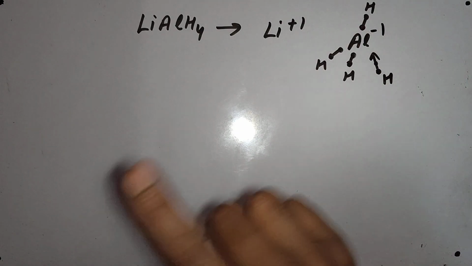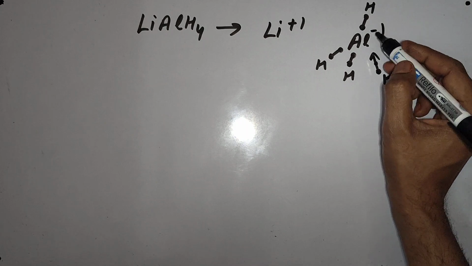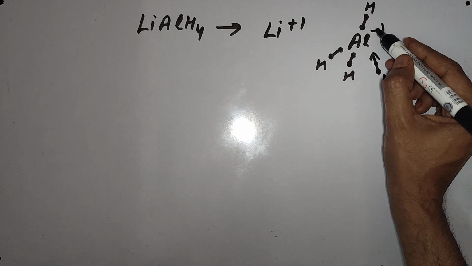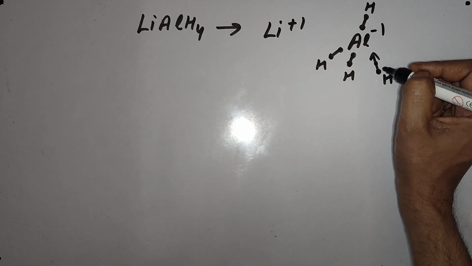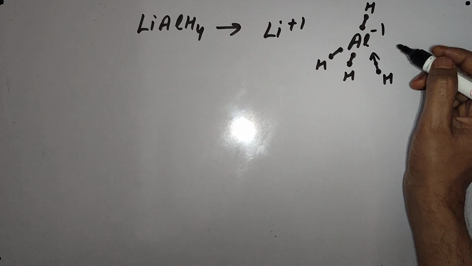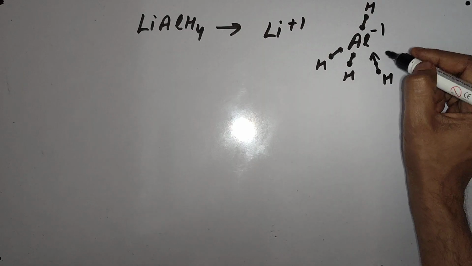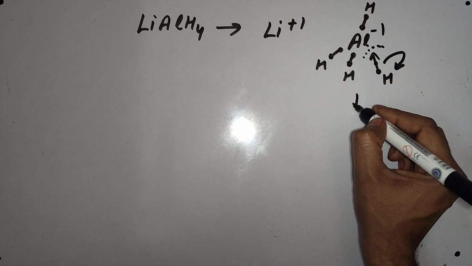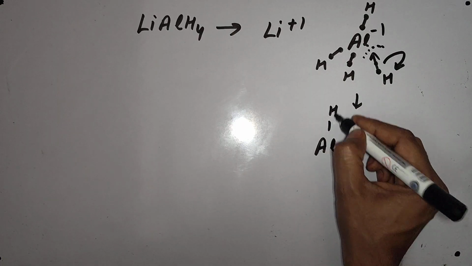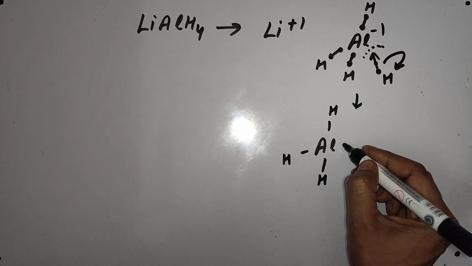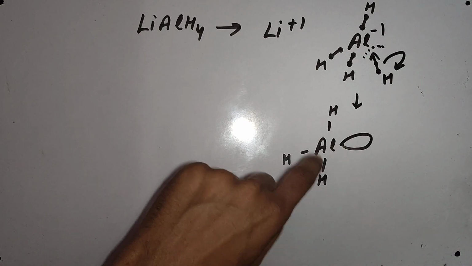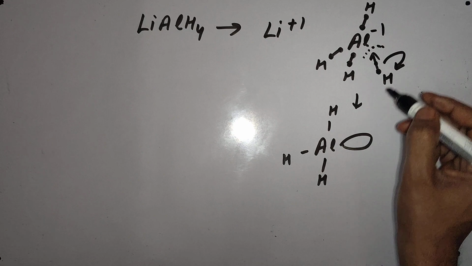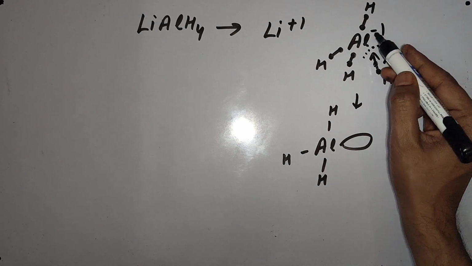Now during reduction, because we know aluminium is unstable here, since it is making 4 bonds and a -1 charge is there, a bond will break. Between aluminium and hydrogen, the bond will break, and hydrogen is more electronegative than aluminium, so when the bond breaks, both electrons will shift toward hydrogen, and aluminium hydride turns to this, AlH3, and the negative charge is released because 1 electron was extra on it.